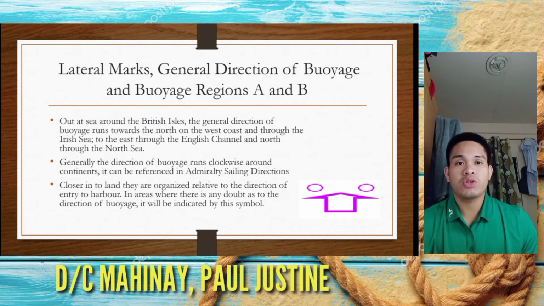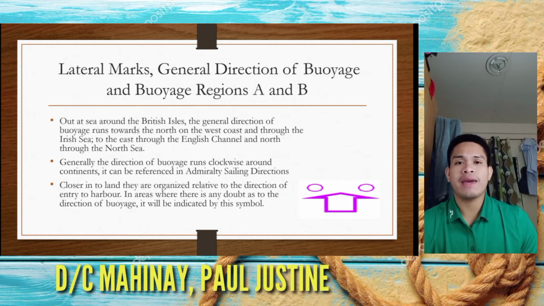It is usually given in Admiralty Sailing Directions and, if necessary, indicated on the chart by an appropriate symbol. The general direction gives way to the local direction at the outer limit of the Thames estuary.